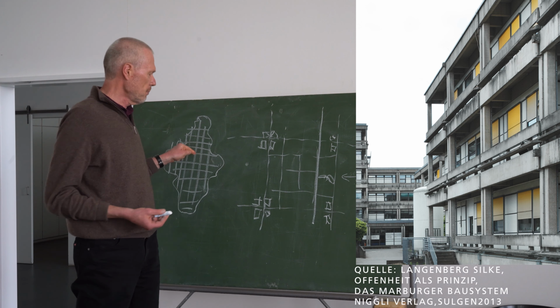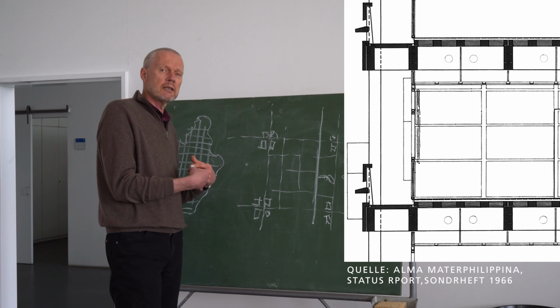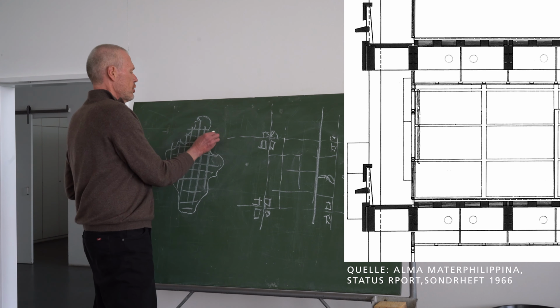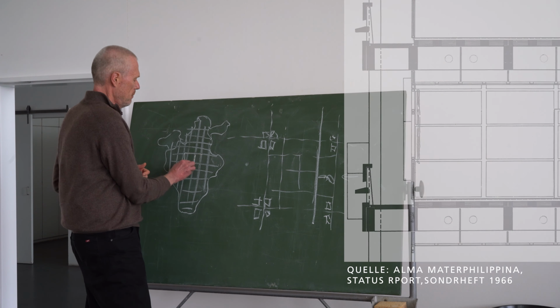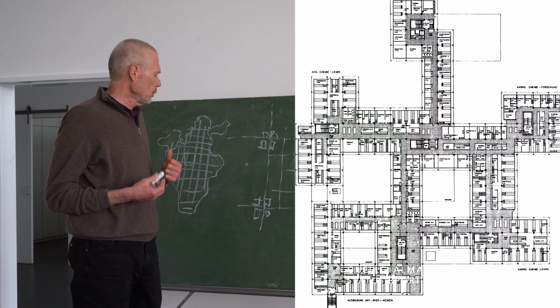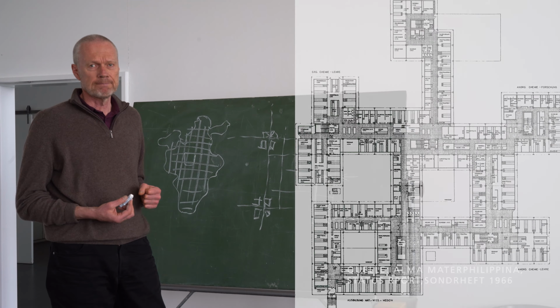So this is based on a square unit, which is then multiplied as much as you need it. You could add this or this to it, or have a square in the middle. So it's very much based on a basic unit, which is then produced in large series.